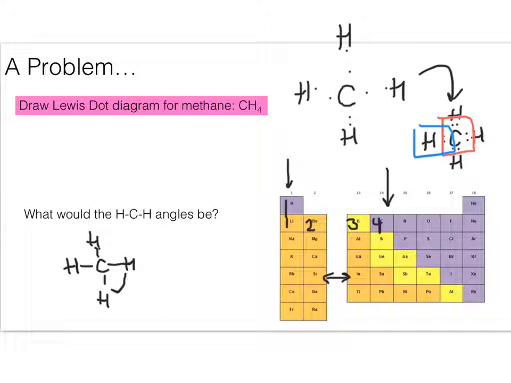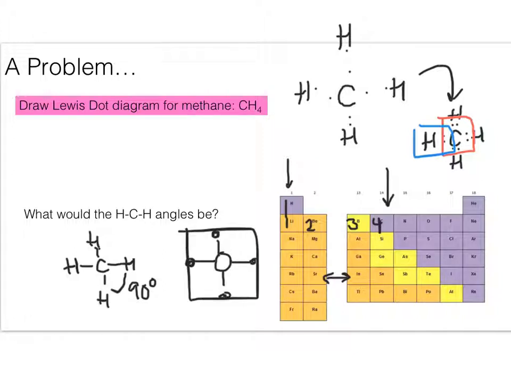And I think that you would say, well, it looks like you have a square and it's being bisected, so maybe that angle is 90 degrees. And so if I want to draw a picture of this, it looks maybe like this. And it's all flat. It's 90 degrees, no problem. That's the molecular shape.